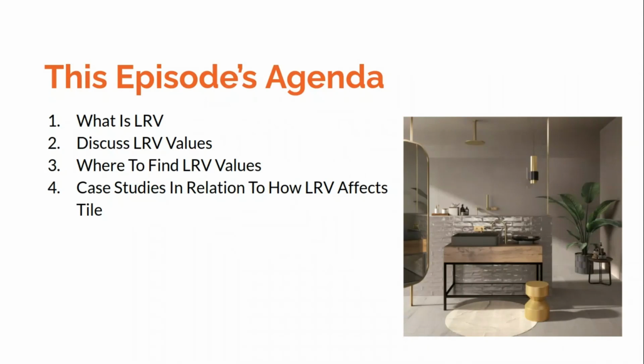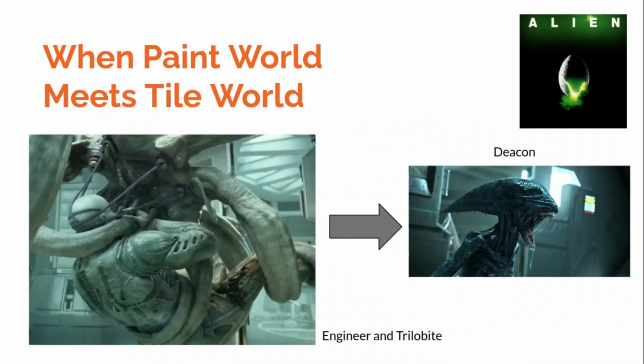One of the things that I sometimes think about is that there are different kinds of worlds out there that don't necessarily talk to each other. And it's very interesting that the LRV, which we'll get into what that is, comes from the paint world.